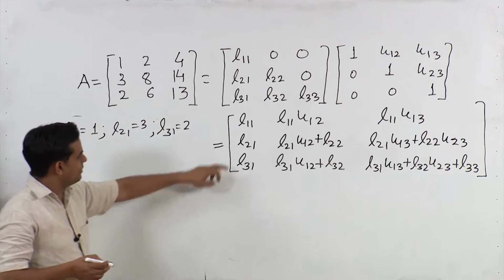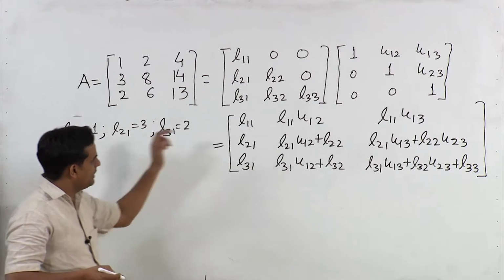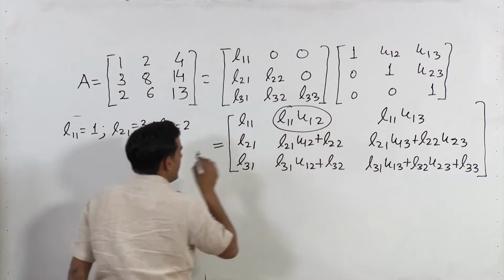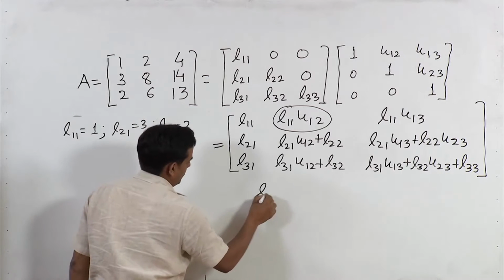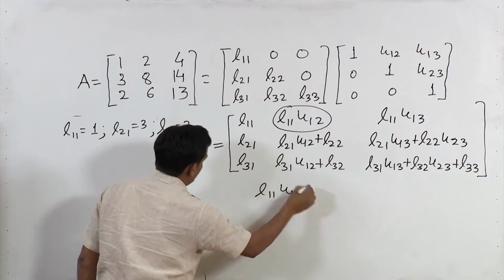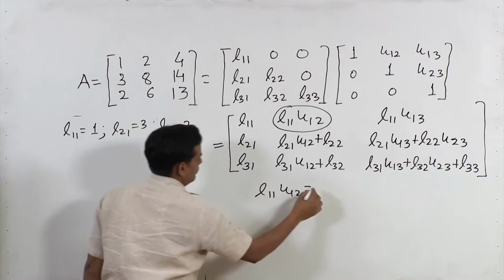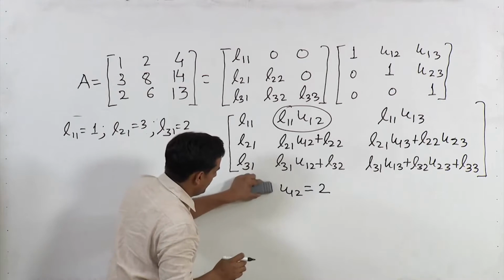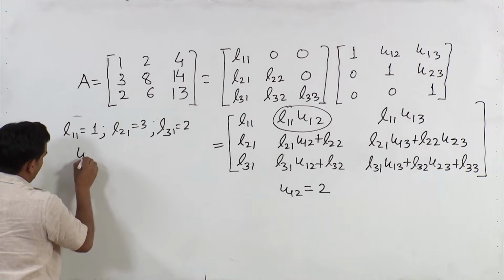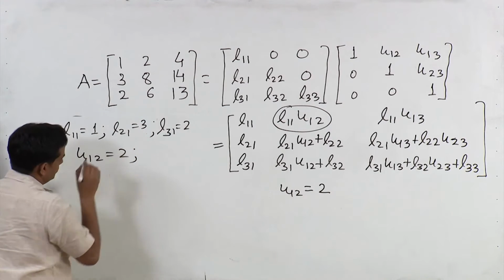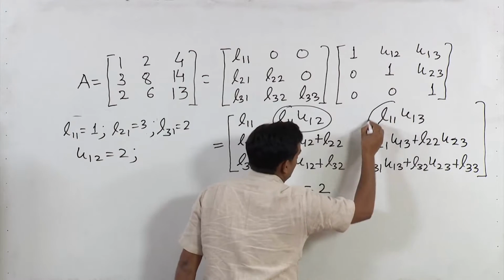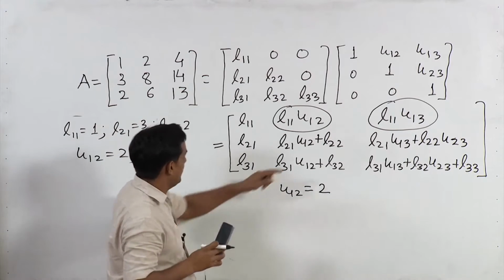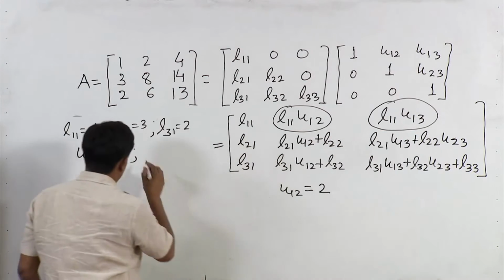After comparing the first column, now I will compare the elements of the first row. I take this element, L11 into U12, and in this matrix this is 2. Since L11 is 1, U12 comes out to be 2. Now I will take this element. L11 is already 1, so I will get U13 as 4.